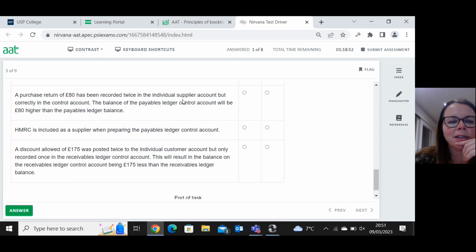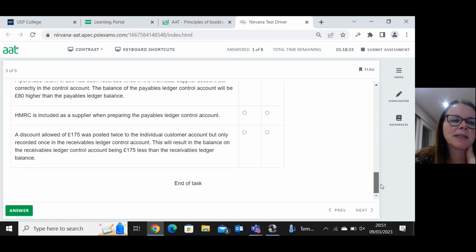The balance of the PLCA account will be £80 higher. Yes, it will, because we've reduced by £80 too much in the individual supplier's account, so that one will be lower, the PLCA will be higher, so true for that one. HMRC is included as a supplier when preparing the PLCA. No.